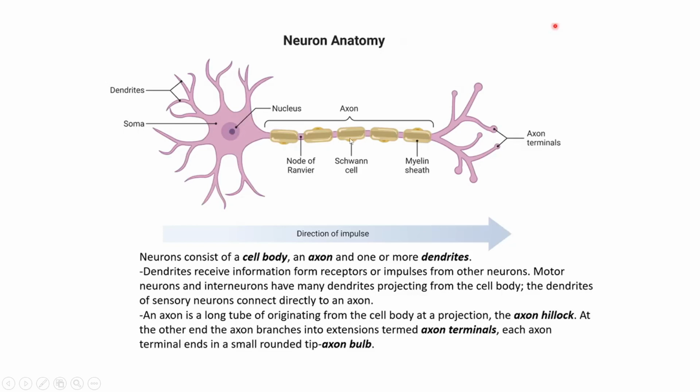The axonic region contains different types of cells, such as Schwann cells, which help in conduction, as well as the myelin sheath. The myelin sheath and Schwann cells help in the faster transmission of neuronal impulses from the dendrites to the axon. At the front part, the dendrites are present.